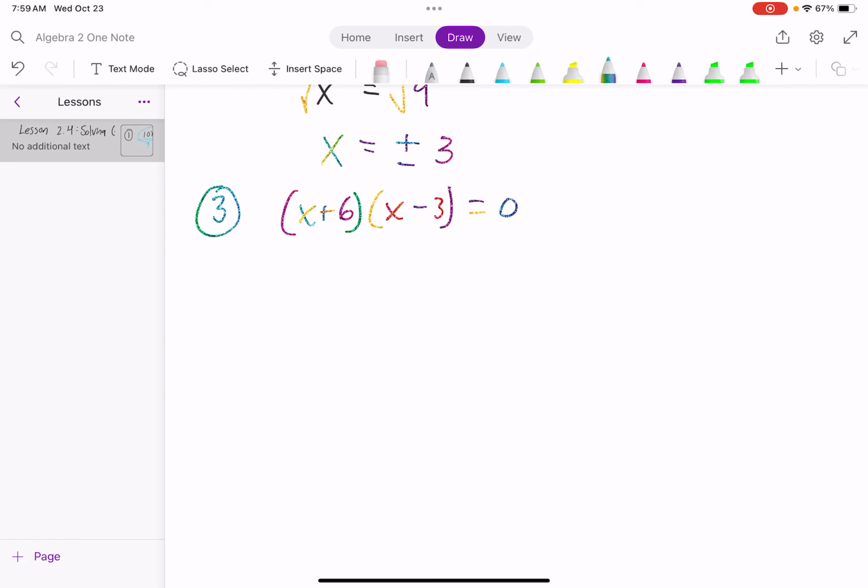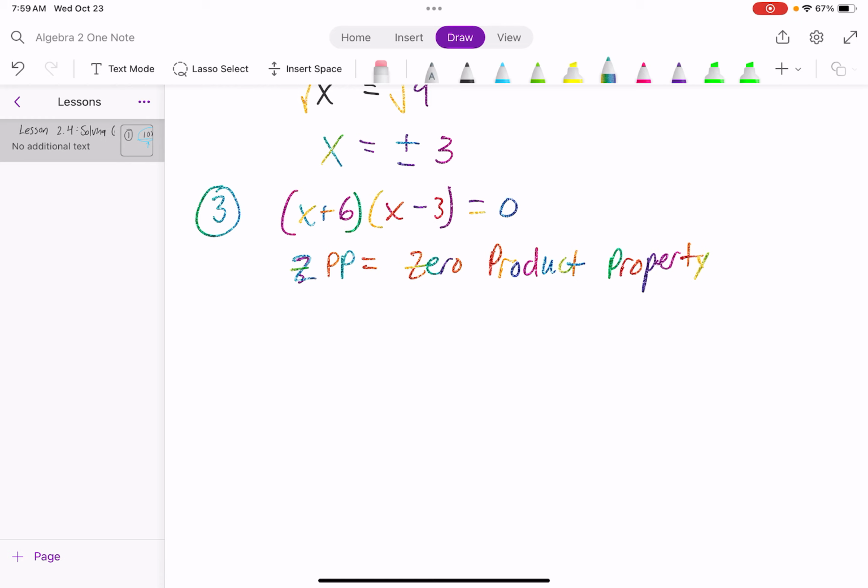Well, that stands for zero product property. ZPP is zero product property. What does that mean? It just means that we can get away with the easy way.